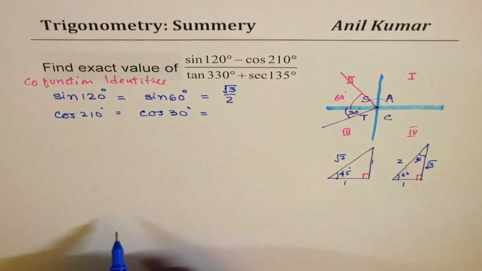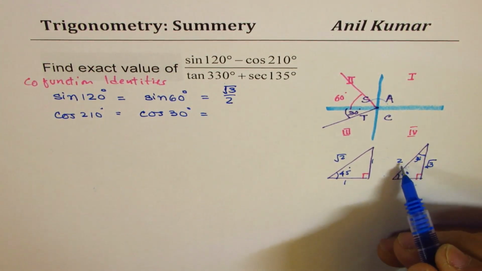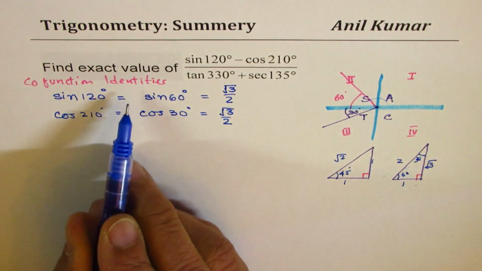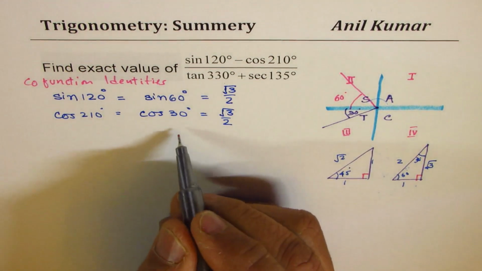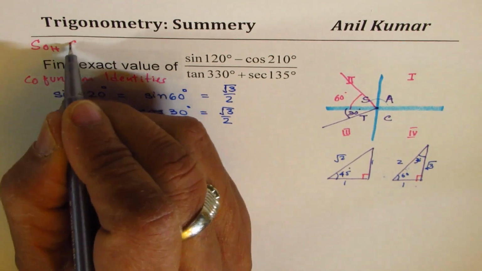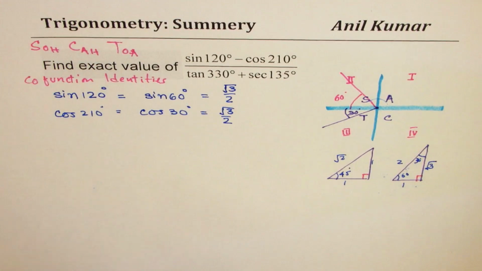Now cos of 30 degrees, if you look at this triangle, adjacent over hypotenuse is square root 3 over 2. So how are we getting this? We are getting this from our rule, which is SOHCAHTOA. Sine is opposite over hypotenuse, cos is adjacent over hypotenuse, tan is opposite over adjacent, right?